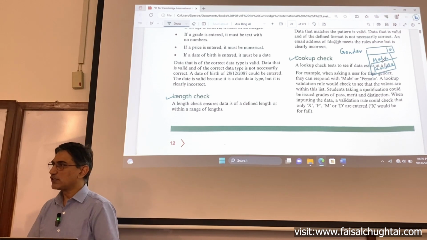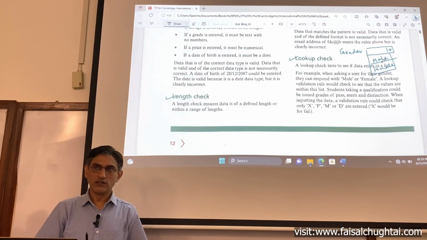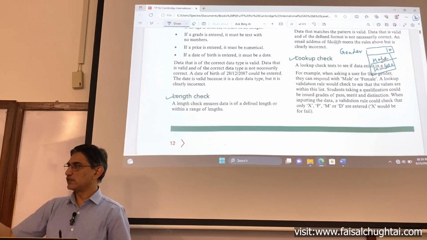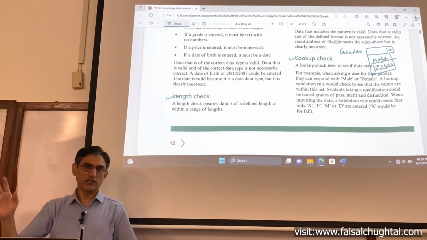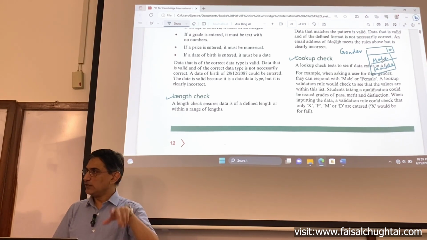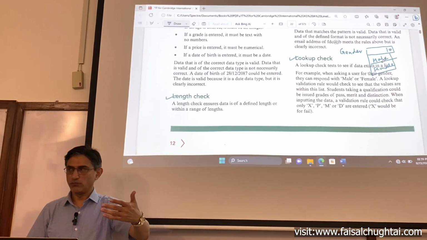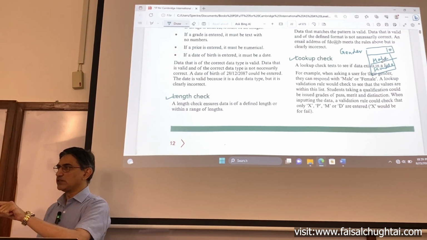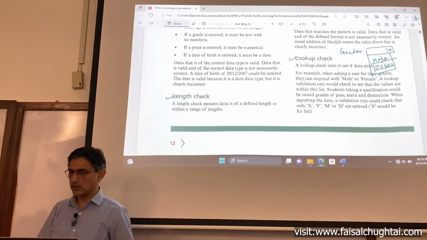The more the typing, the more time consuming it would be, and the more chances of error. It's a universal understanding that the more you have to type, the more the chances of error. So wherever you can avoid typing in the design of your programs or screens where you are taking input from users, you must use methods to reduce the amount of typing needed. So this could be one of the examples.